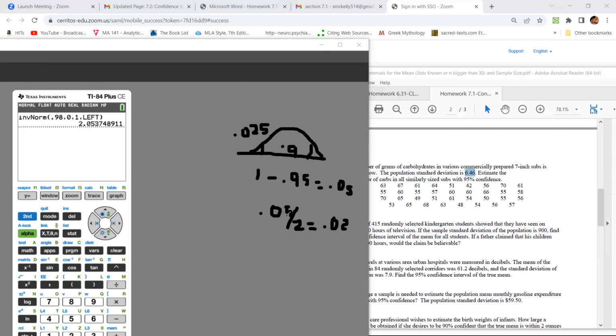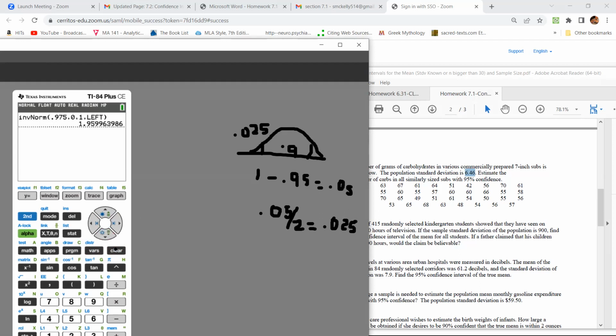And that's where we get, see if I can do this correctly this time. Inverse norm, let me see, mouse. Okay. Second distribution, inverse norm, right here. We're going to use 0.975, not 98, 975. We hit enter and we get.